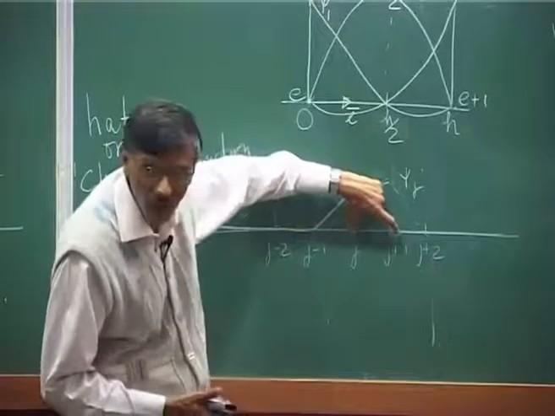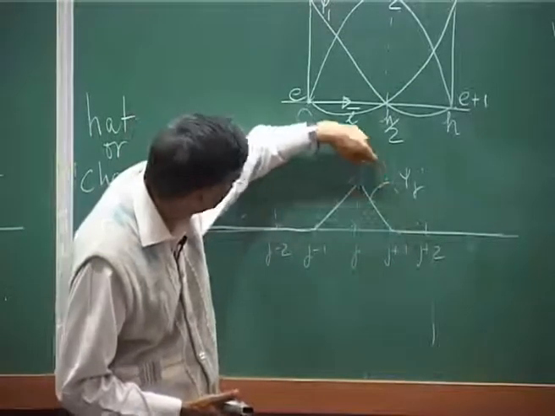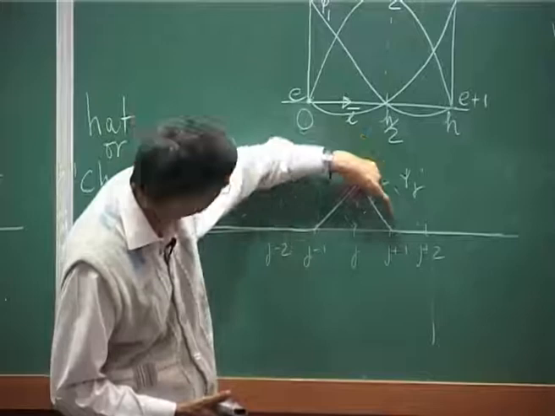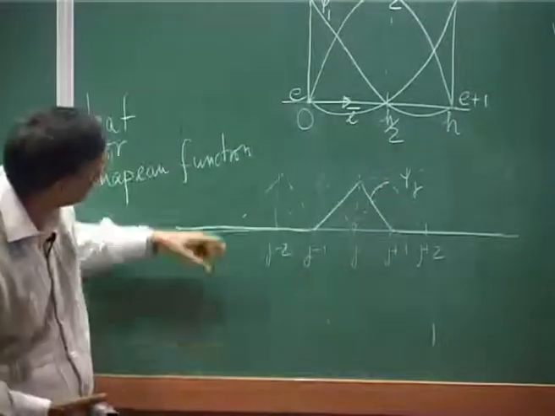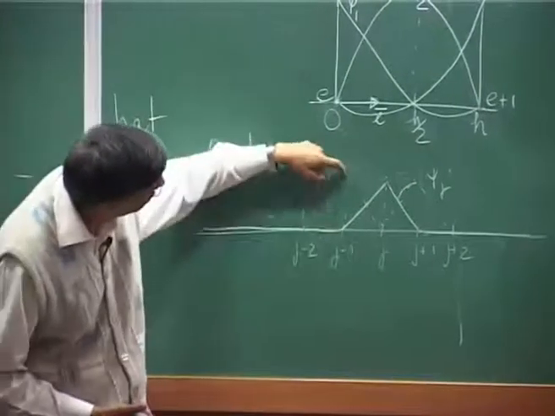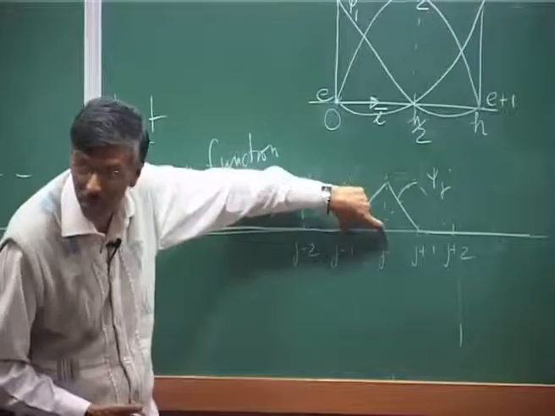Then this has a common intersection between the J and J plus 1th elements in this part. The same way, the J minus 1th element and the Jth element will have a common part here.